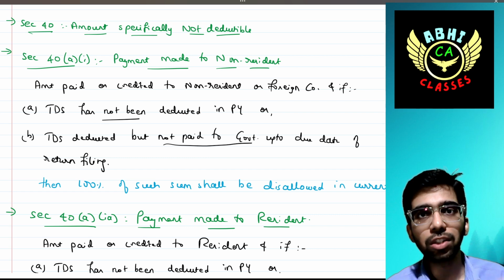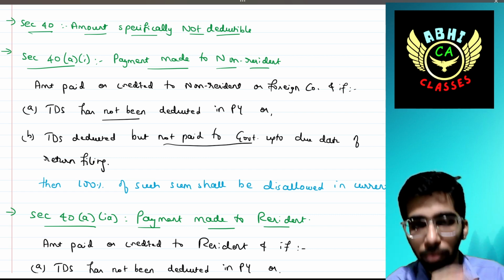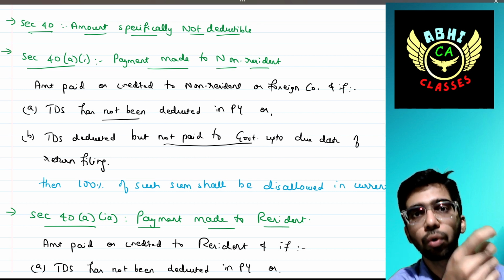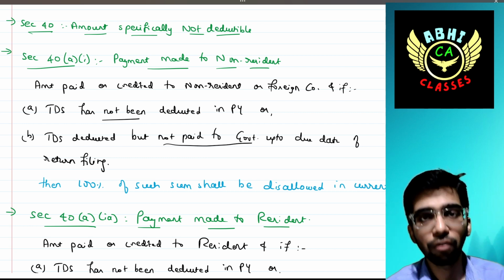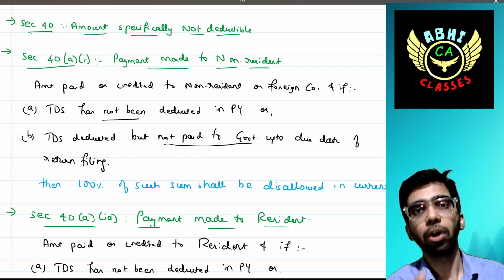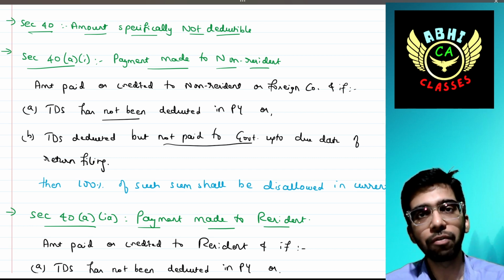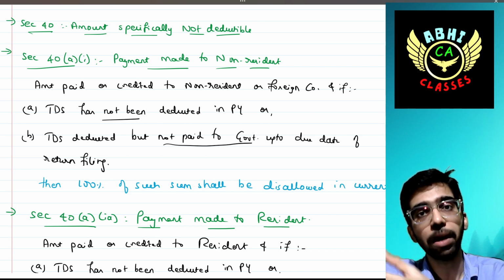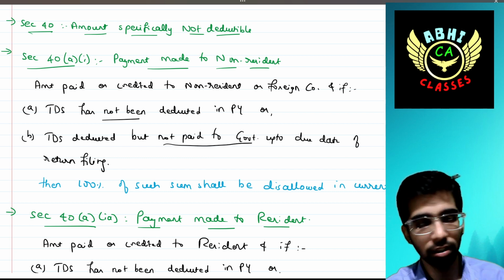That is 1 lakh into 10%, which means 10,000 has to be deducted from your interest. Then the remaining 90,000 should be released to you as FD interest. Even though the gross FD interest is considered to be 1 lakh, your cash inflow is only 90,000. But 10,000 has already been paid to the government of India by the bank on your behalf in the form of TDS. This is the concept.